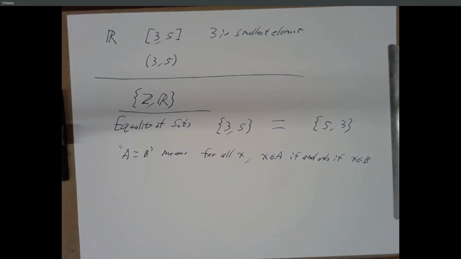And that's a pretty intuitive but long-winded notion of what equality should mean. It means the stuff that's in here is exactly the same as the stuff that's in there.